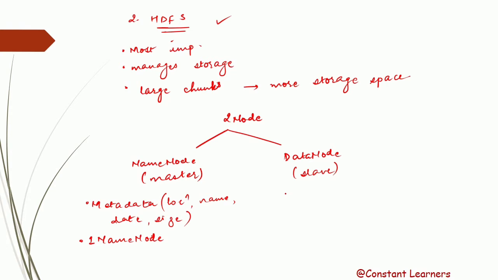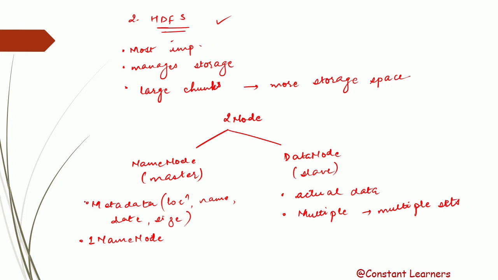But this data node stores the actual data, and that is why only one data node is not going to work. We will need multiple data nodes, and that is why one architecture has multiple data nodes that store multiple sets of data, or you can say multiple blocks of data.